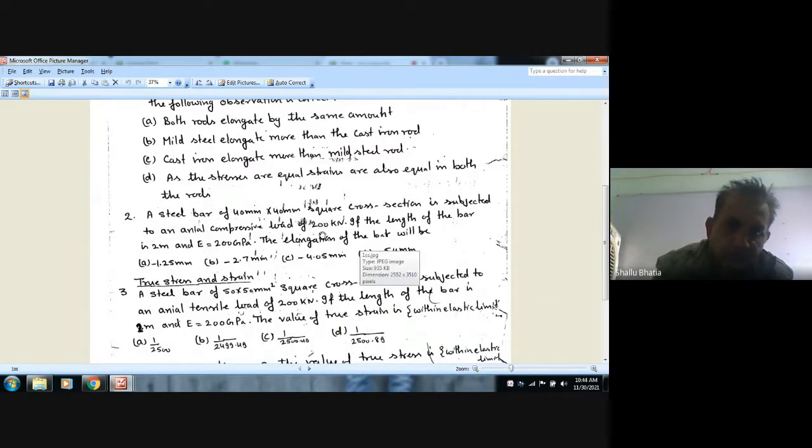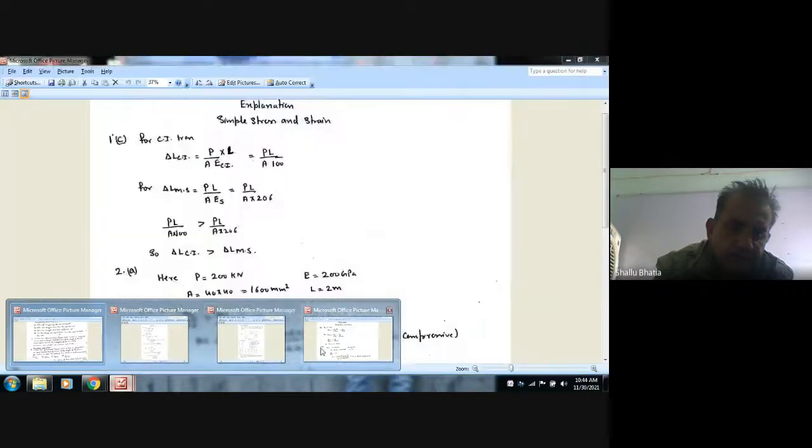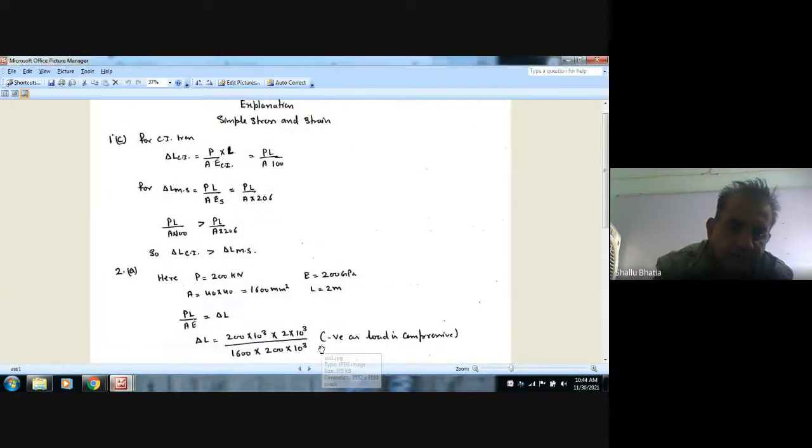The load is 200 kilonewton. Area is 40 into 40 mm square. The stress will be P by A and strain will be P by A into 1 by E, or change in length will be multiplied by L. L is 2 meter.